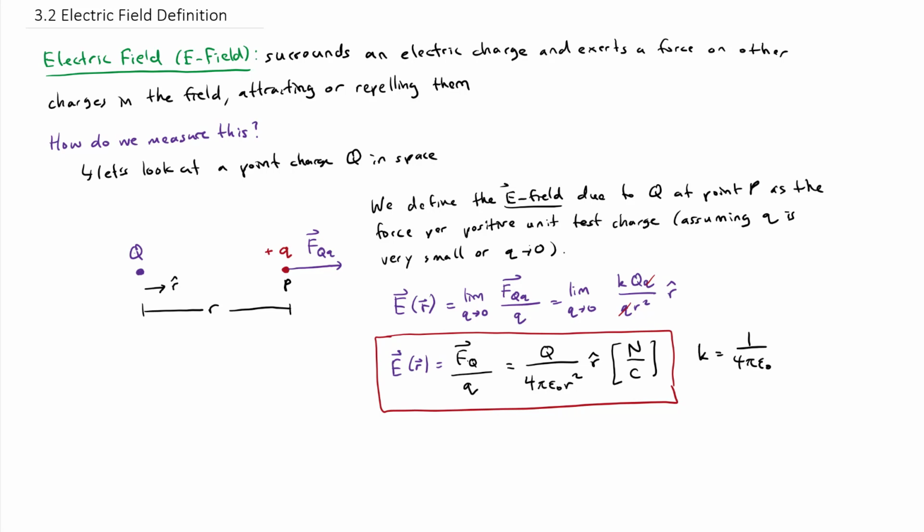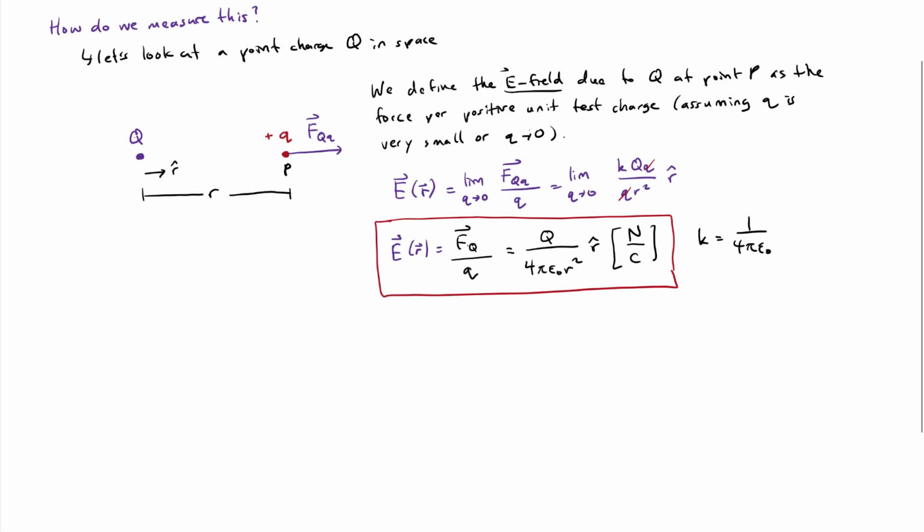One thing to note is that N over C is newtons per coulomb. Engineers use volts per meter, so we won't really go into that until later on once we understand electric fields and a few more different types of calculations. So now we have our definition of an electric field.